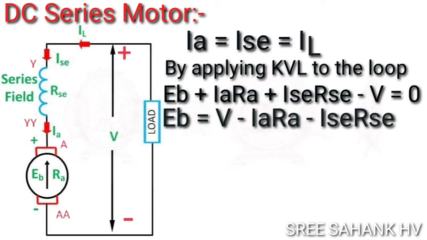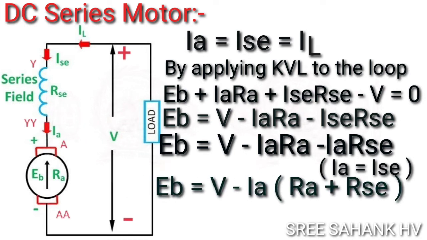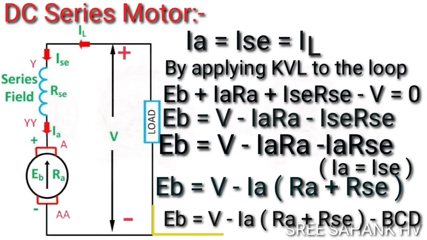EB is equal to V minus IARA minus ISC RSC. EB is equal to V minus IARA minus IARSC. Since IA is equal to ISC, IA is taken common to both RA and RSC. Therefore, EB is equal to V minus IA into RA plus RSC. Finally, EB is equal to V minus IA into RA plus RSC minus BCD.